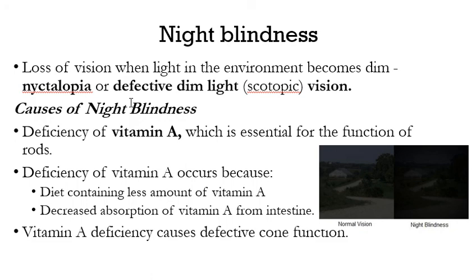So this is caused due to deficiency in vitamin A, because of it being low in your diet or decreased absorption from the intestine. And also with age. So you find that these people, instead of seeing what's on the left, they see what's on the right in our picture. They simply cannot see that much in darkness.